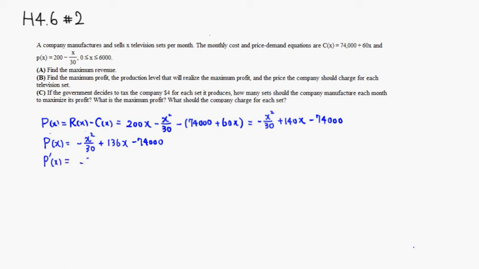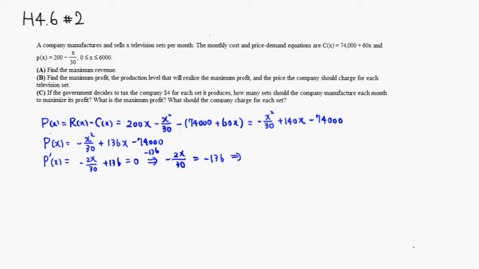In this case, we can just take the derivative, do the same thing. So that's negative 2x over 30 plus 136, and we set that equal to 0. Then subtract 136, negative 2x over 30 is equal to negative 136.